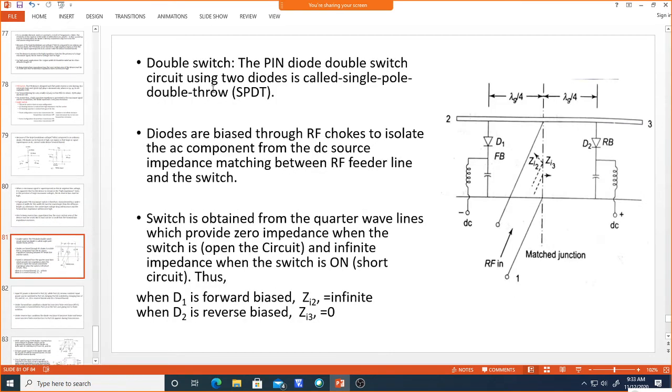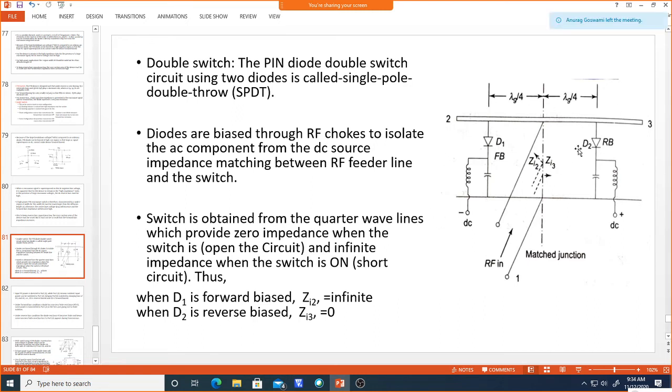Now it can also act as a double switch. You can see here the PIN diode acting as a double switch. The PIN diode double switch circuit uses two diodes, called a single pole double throw, or SPDT, switch.